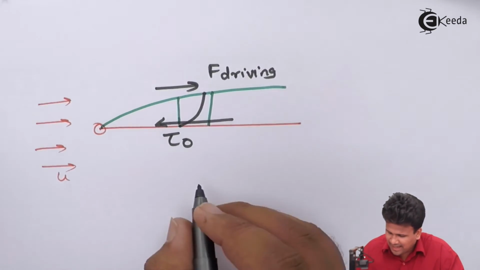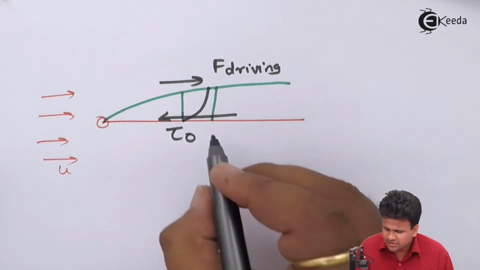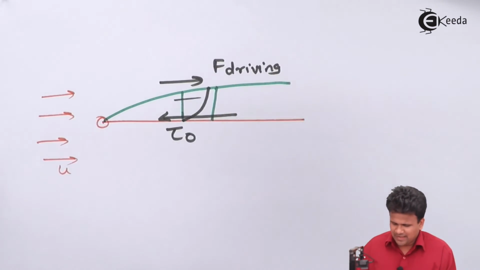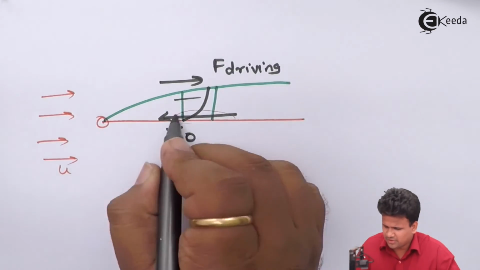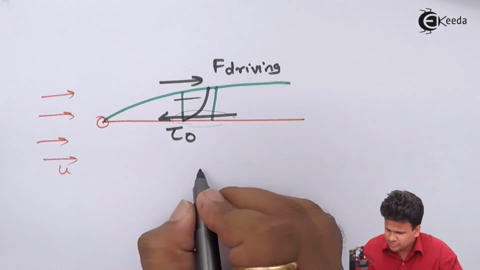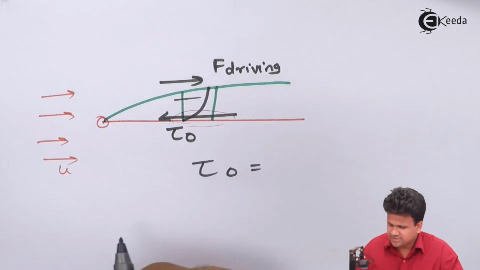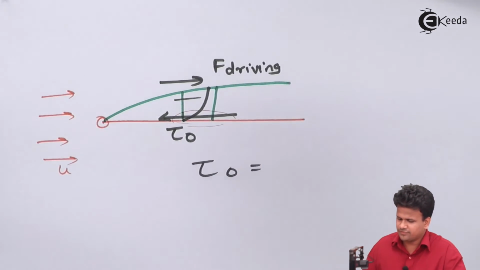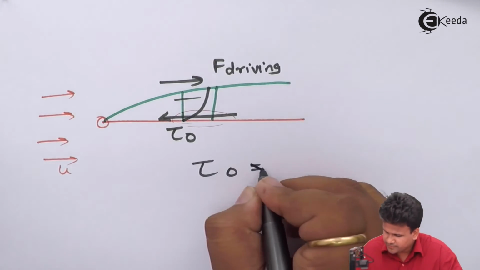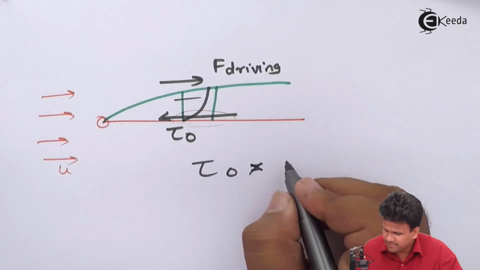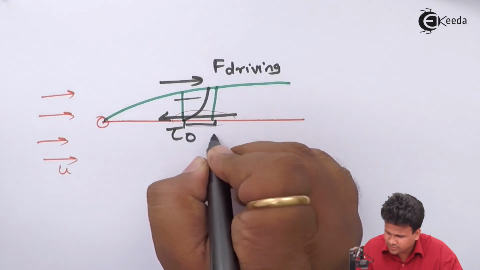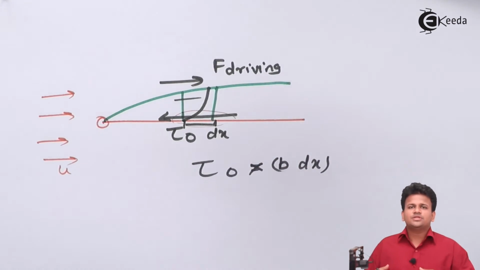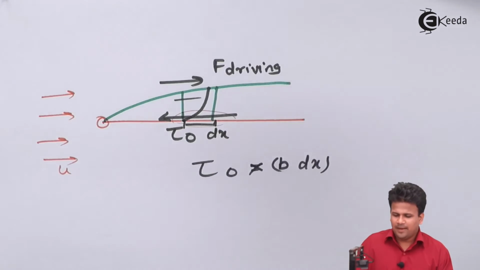Now if I had to calculate the shear force for a small strip at a distance of y, we can take for this bottom surface: tau 0 is the shear stress, rather not the shear force, shear stress into area. Now the shear stress will be multiplied by b into dx, because this displacement over here is dx, and the shear force is always applied parallel to the area of cross section.